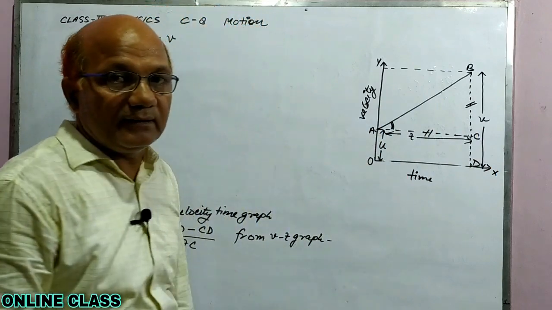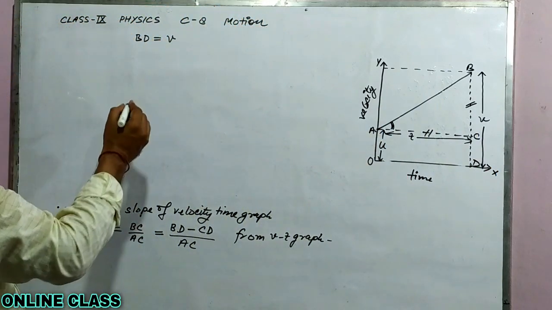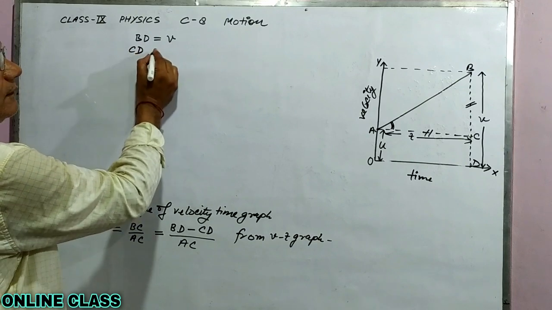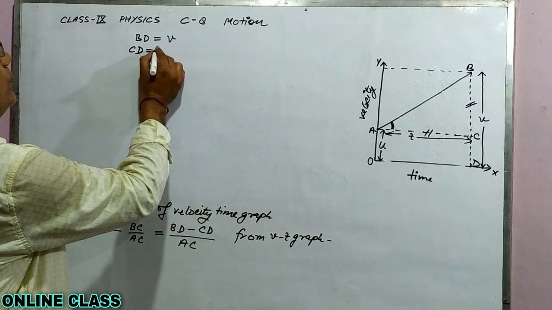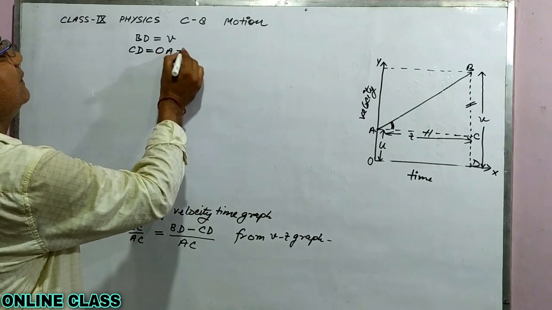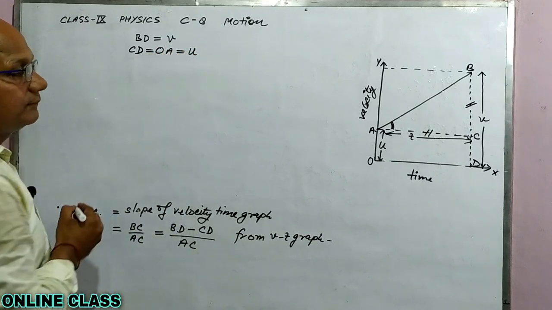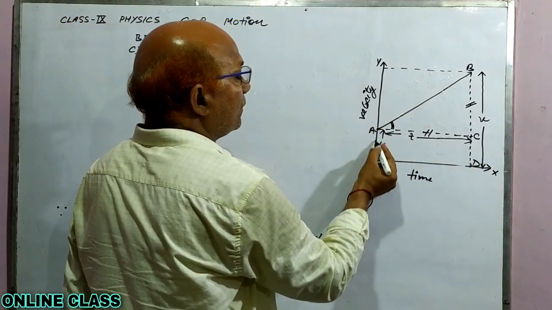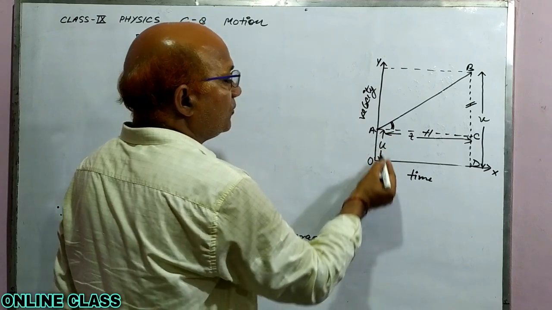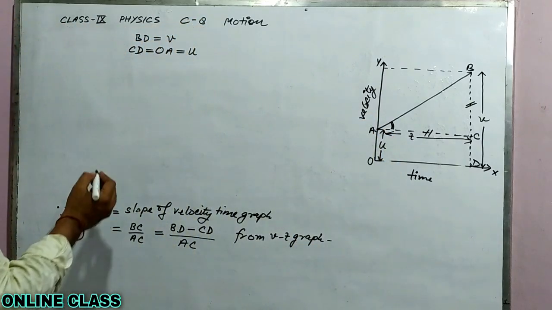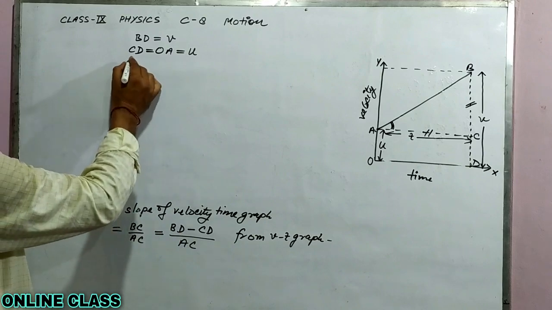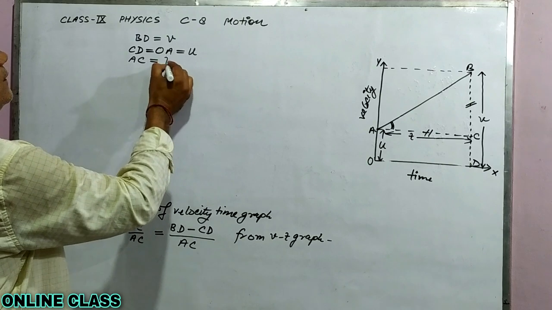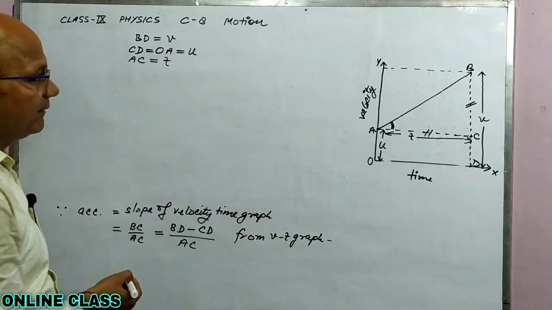It is representing final velocity, and CD equal to OA, and this is equal to u. Okay, CD equal to OA and this is equal to u, and AC is equal to t. It is representing time.